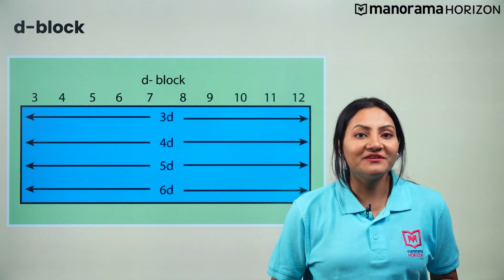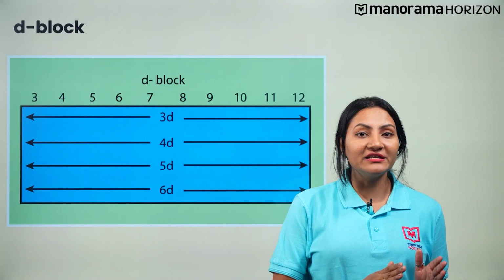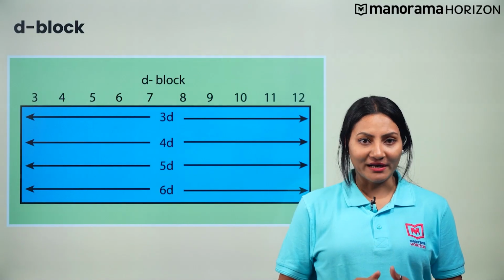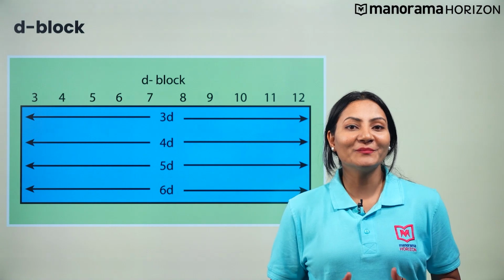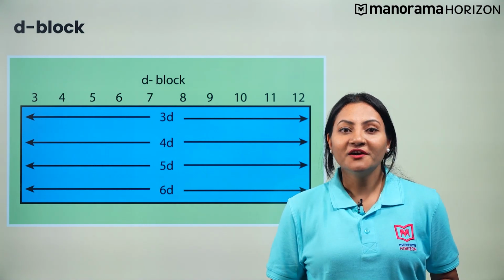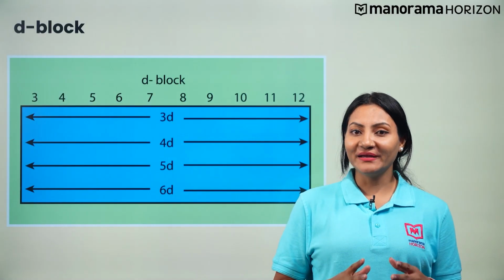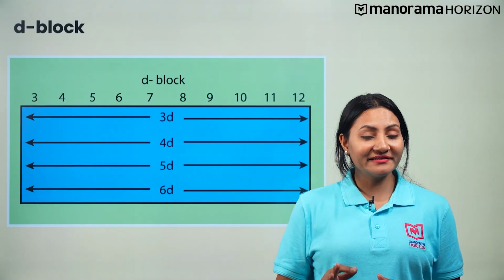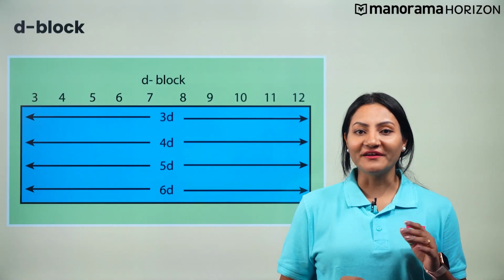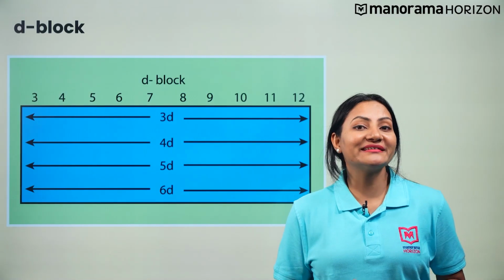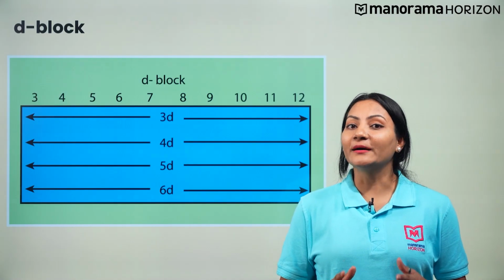The elements which are located from group 3 to 12 are called d block elements. The d block orbitals are progressively filled in each of the 4 long periods. They are mainly 3 series: 3d series, 4d series and 5d series. The fourth, 6d series, is still incomplete.